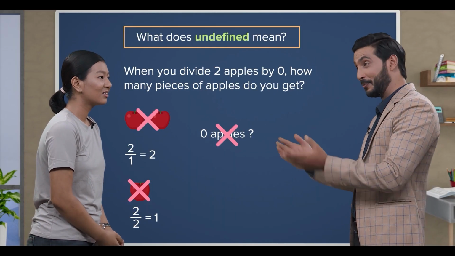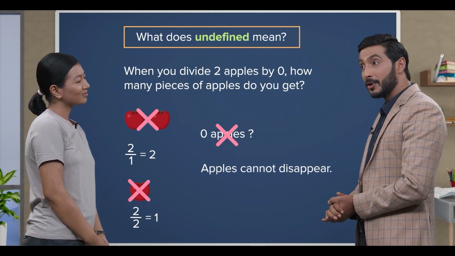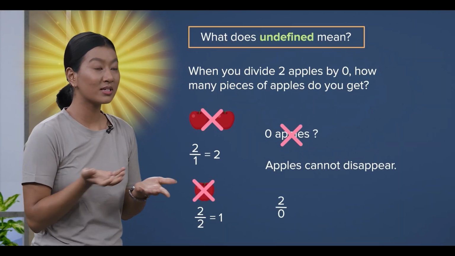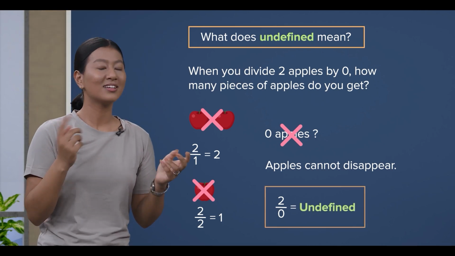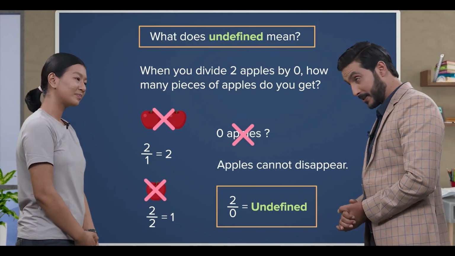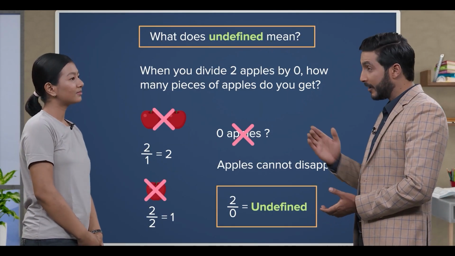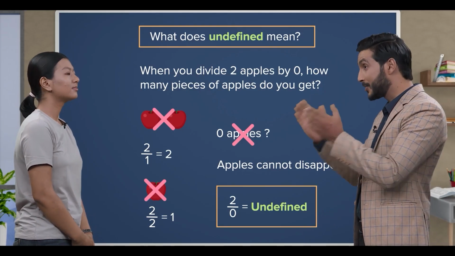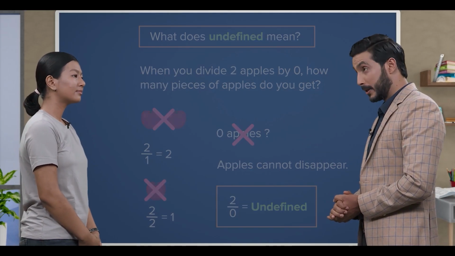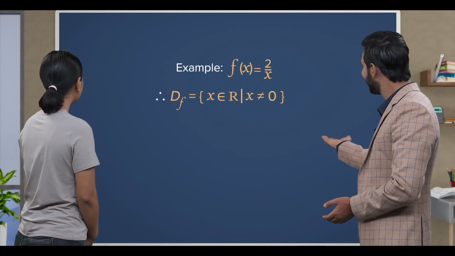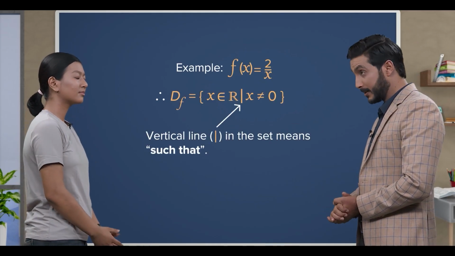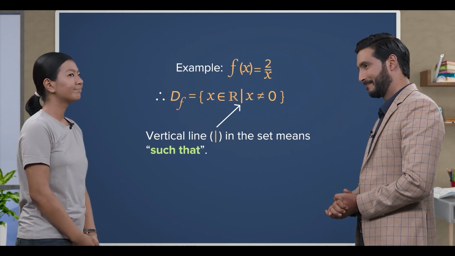That can't be either, because the apples can't possibly disappear. Oh, that's why 2 divided by 0 is considered undefined. Got it. So, for this situation, the domain of f is the set of all real numbers except 0. This can be written as such. The vertical line in the set means such that.